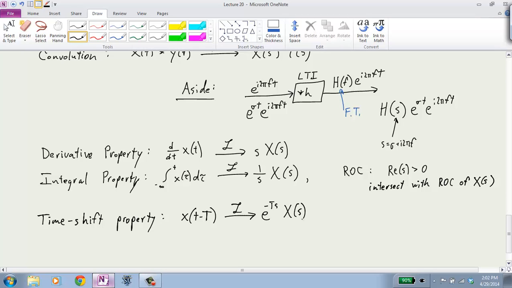The reason I say you might have guessed that is because if you, again, plug in I 2 pi f for s, we already knew that a time delay was an e to the I 2 pi f times the time delay. Yes?